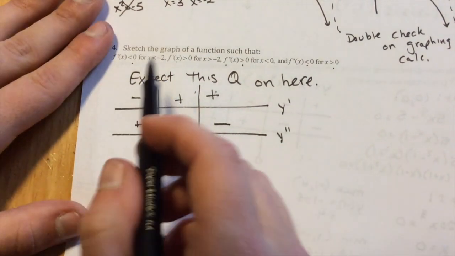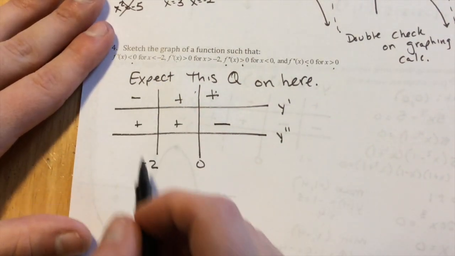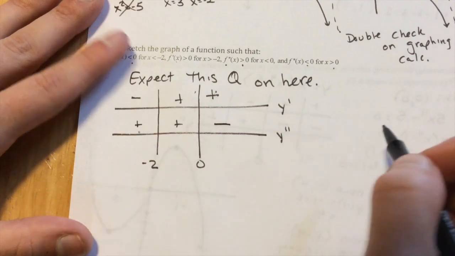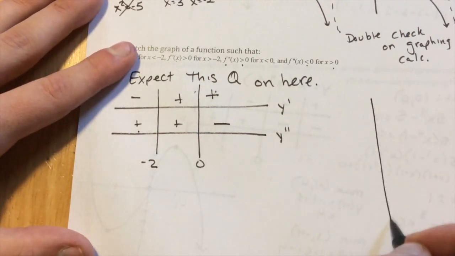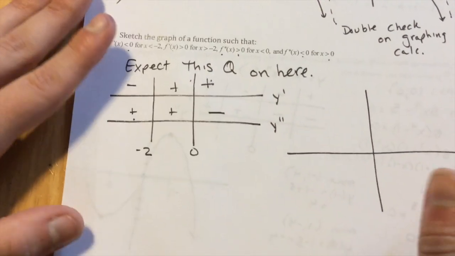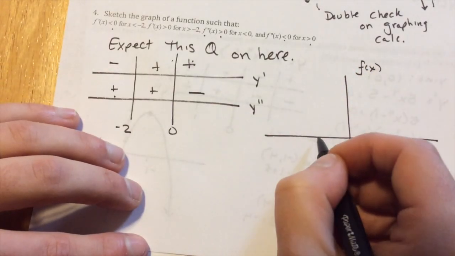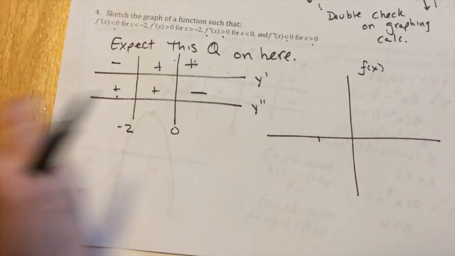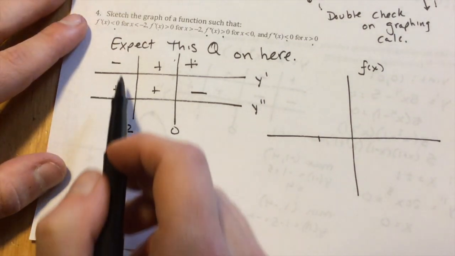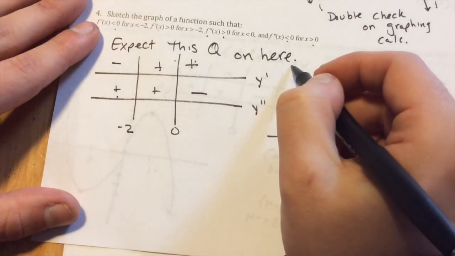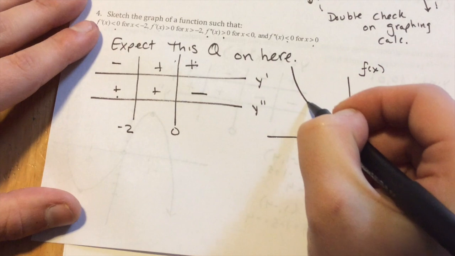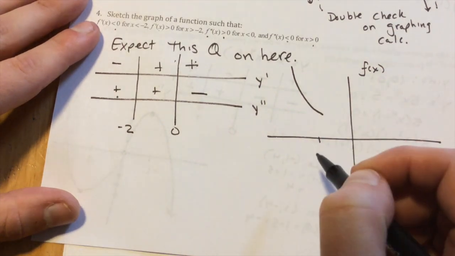So I'm asking you, what does this function look like? Increasing, concave up. Here's a picture of my function. From negative infinity to negative 2, I am decreasing concave up.